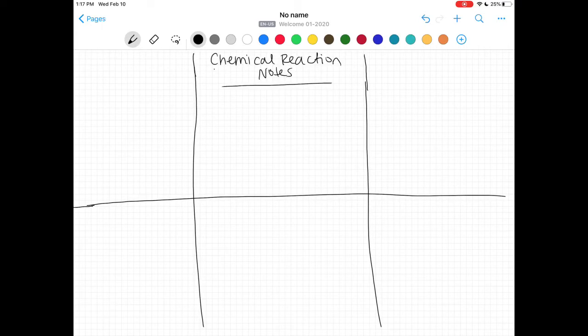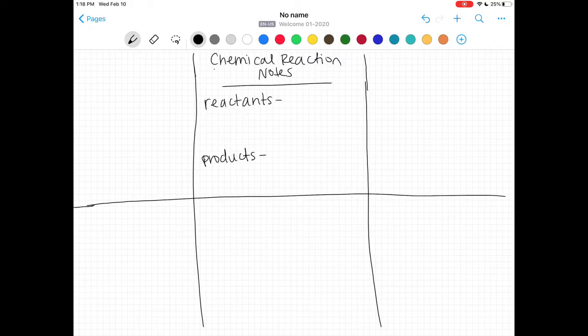There we go. All right, so in this first center square where we have our title, there's a couple of vocabulary that we need to know. So we're going to write down 2 words, and those are reactants and products.